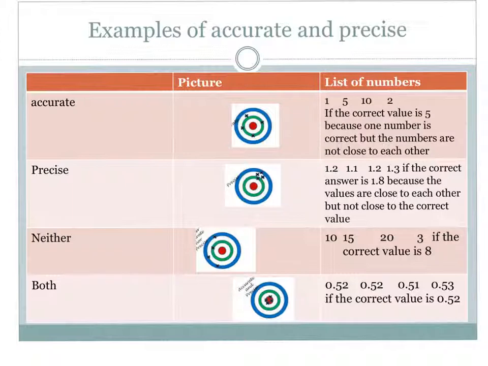We want the best answer and the most correct answer possible. So if we were to look at actual numbers, we would have 0.52, 0.52, 0.51, and 0.53, hoping for a correct value of 0.52. It's okay to have numbers that are slightly off, depending on what the decimal place is and what the rest of the numbers are.